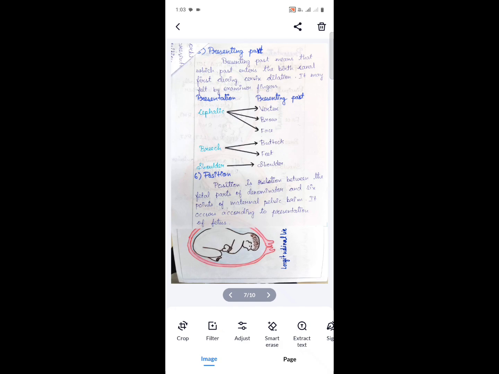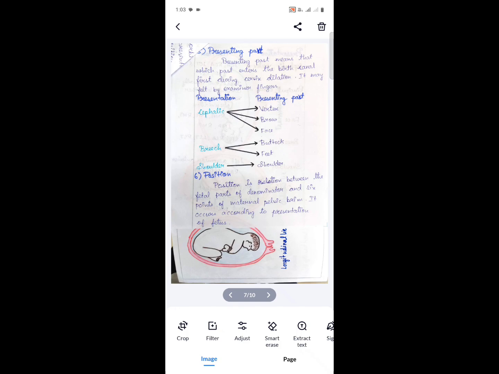The presenting part is the part we are able to feel by the examiner's hand. In cephalic presentation, it is vertex, brow or face. In breech presentation, you feel the buttocks and feet. And in shoulder presentation, you can feel the shoulders.